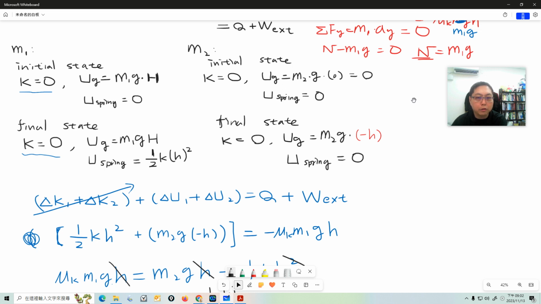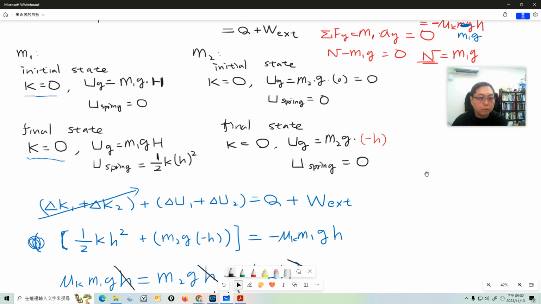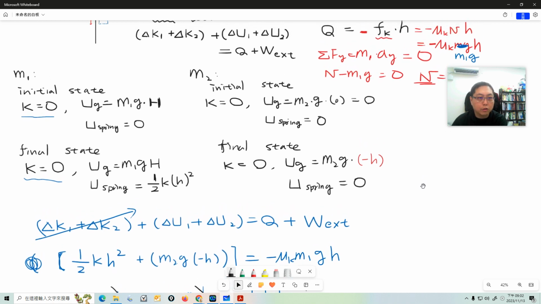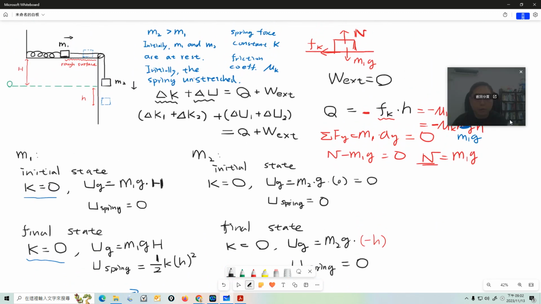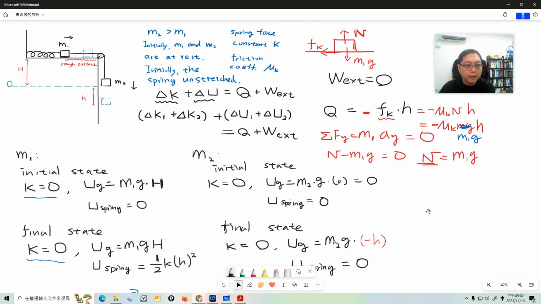To find the friction force, you need to do force analysis. That's why you still need force analysis even in an energy conservation problem.